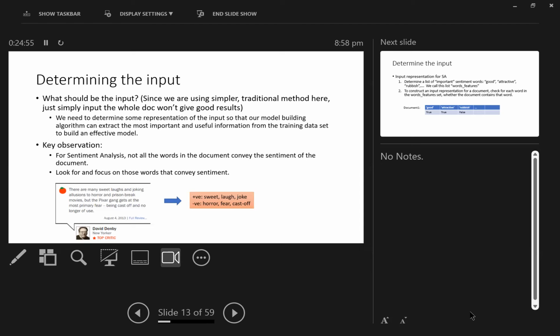Okay, so once we have these two groups of words, we can base on them to help us classify our document. We believe that in general, all the critics will use the same set of usual words to describe the movie.